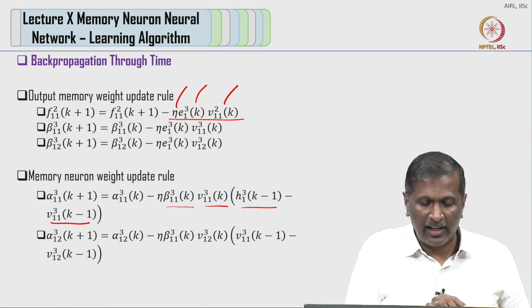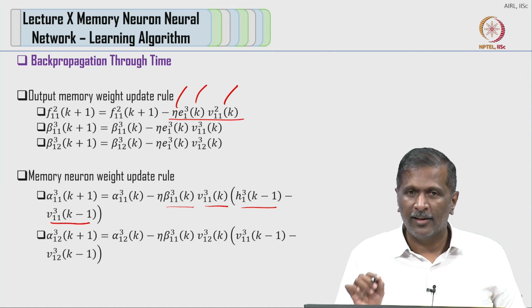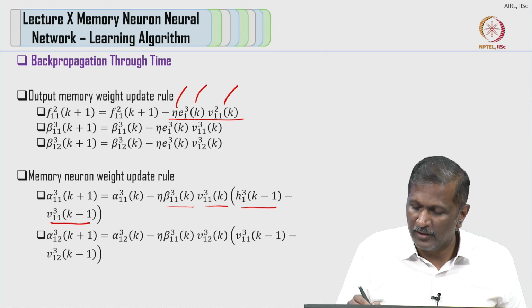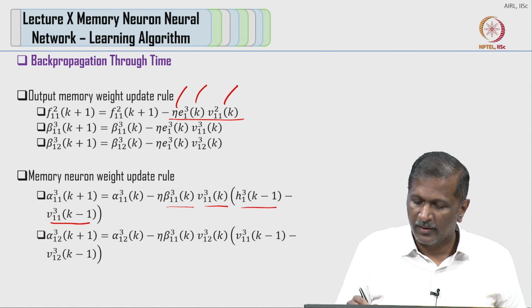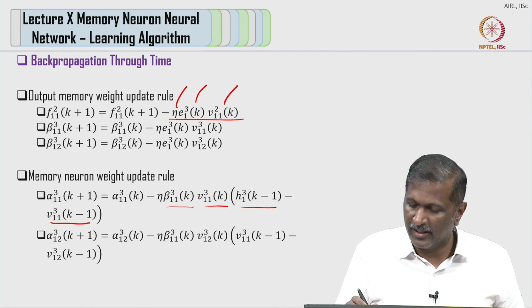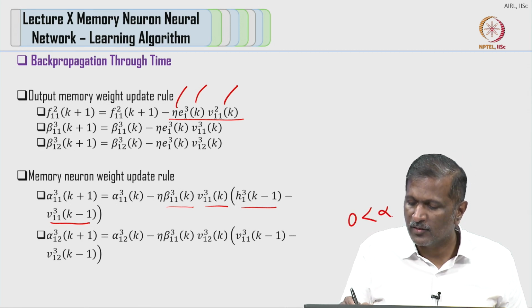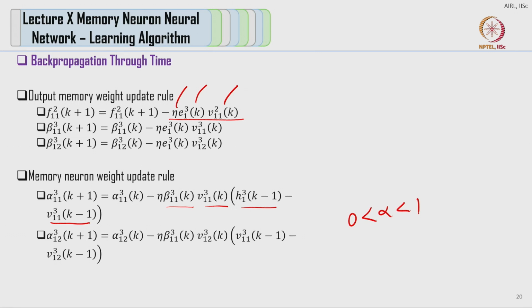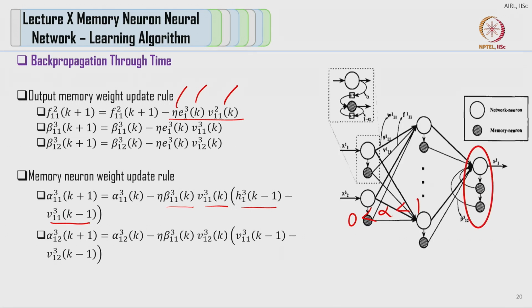This difference will help my memory neuron to learn. After the update, we just have to make sure to clip the weights such that they are all between 0 and 1.